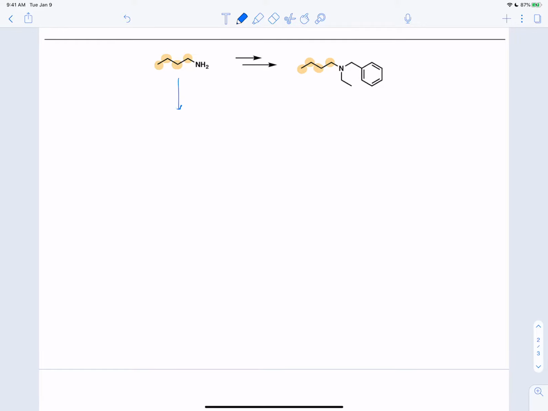In this case, we could take this amine. Let's say we reacted it with benzoic acid and DCC. This makes a new amide bond. And then we can reduce this with lithium aluminum hydride followed by a water workup.